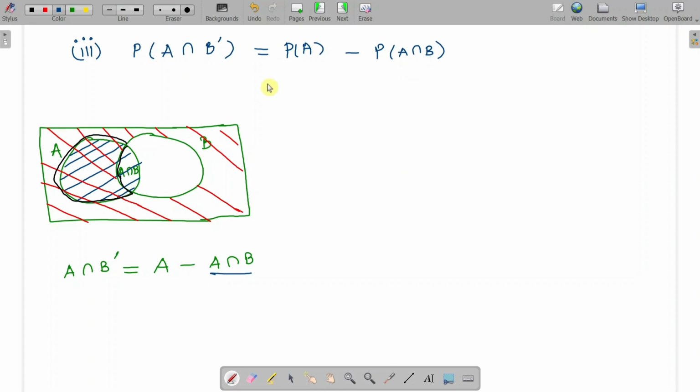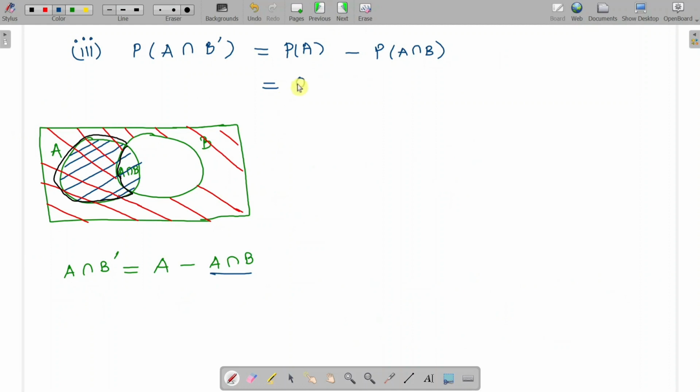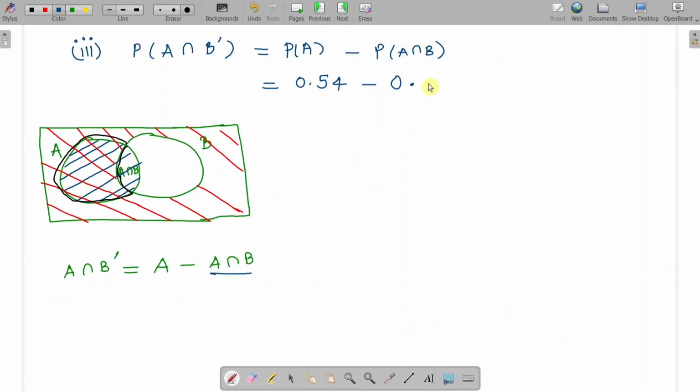Okay, so this is equal to P(A) is given to us, that is 0.54 minus P(A intersection B) is 0.35. So 0.54 minus 0.35, so 1 borrowed, 4 remains. 14 minus 5 is 9, 4 minus 3 is 1 and 0 here, so 0.19 is the answer.